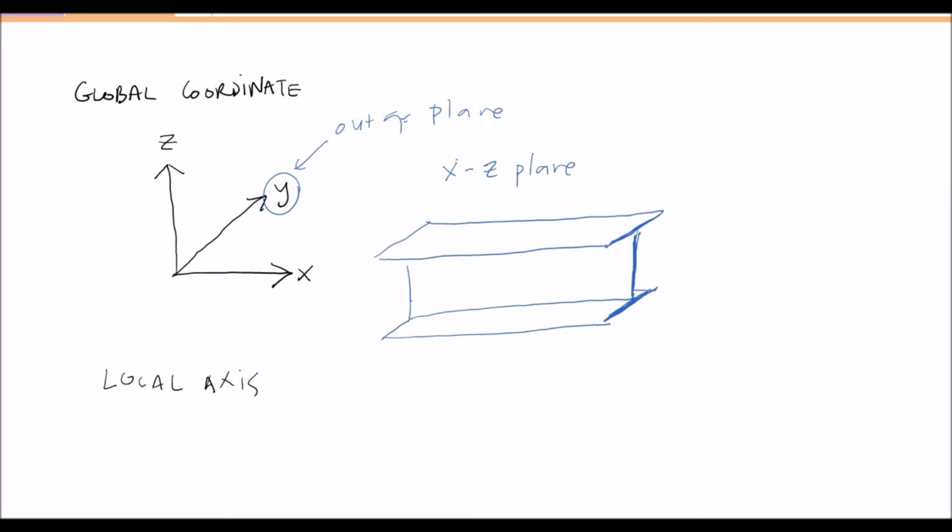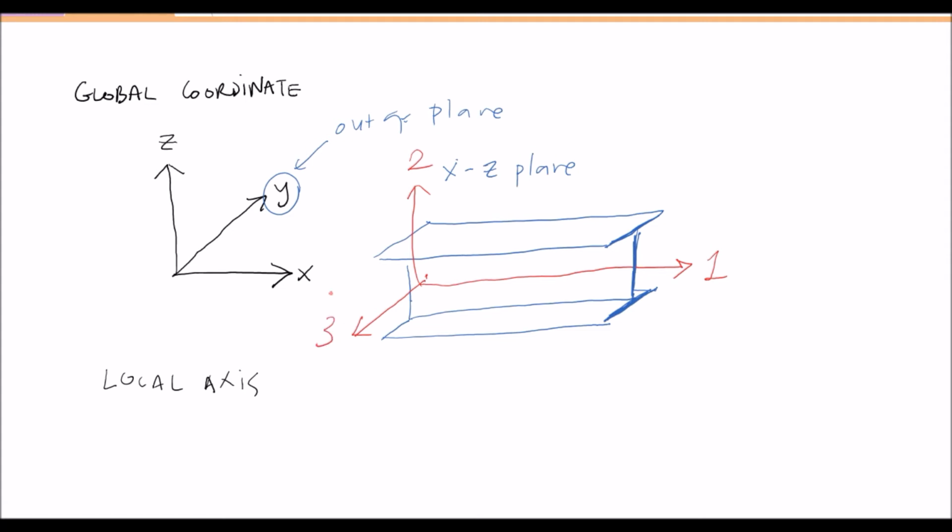For beams, local axis 1 is along the beam length, local axis 2 is in the Z direction, and local axis 3 is out of plane.